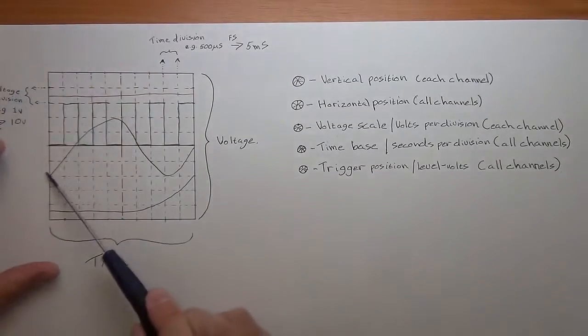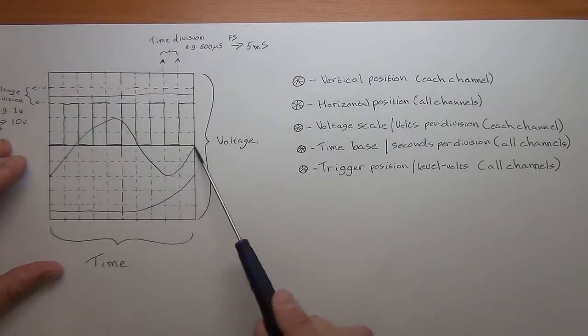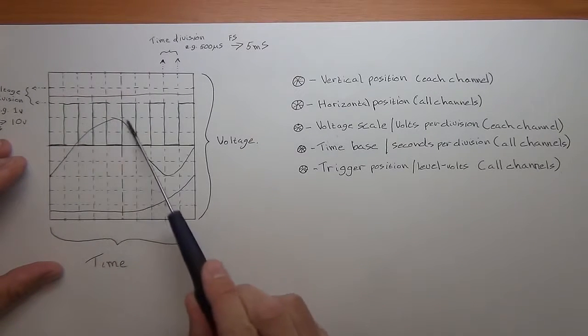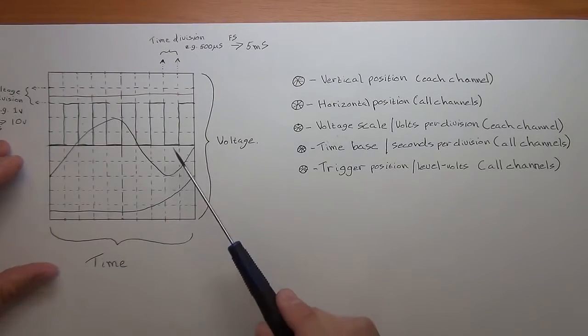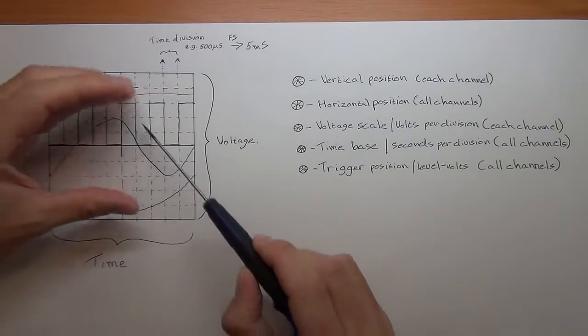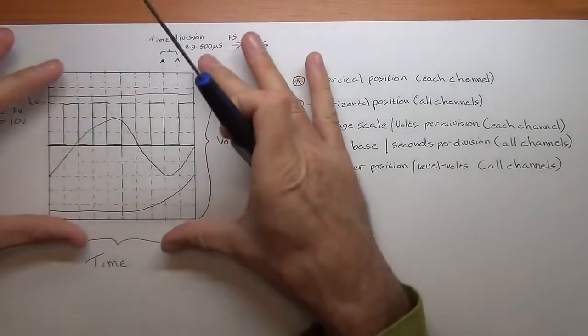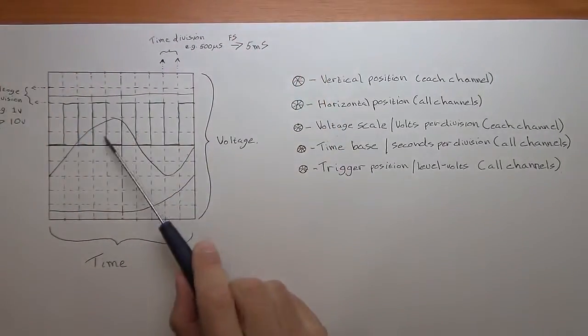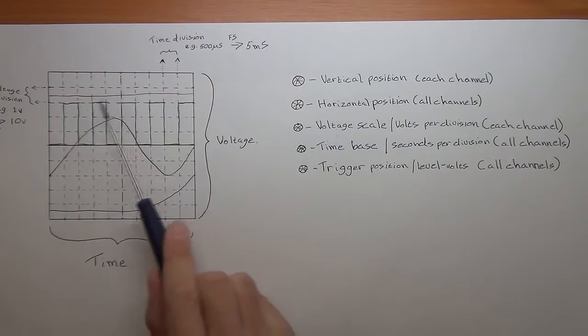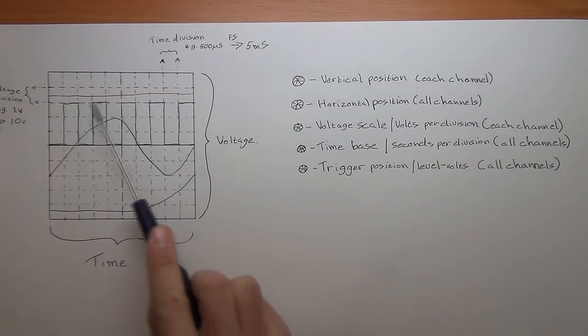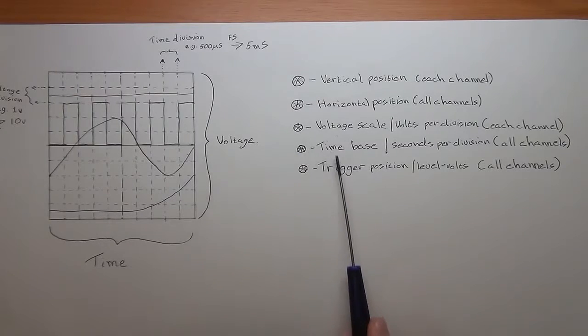As an example, with the sinusoidal wave, if you changed the scale at which you're viewing this, you could zoom in so that only the top part of the signal was in the display, so you had a zoom view. And that is by changing both the voltage scale and even the time base.